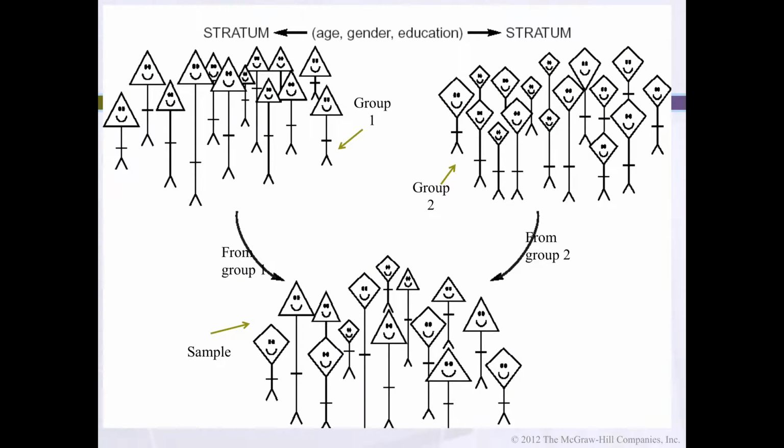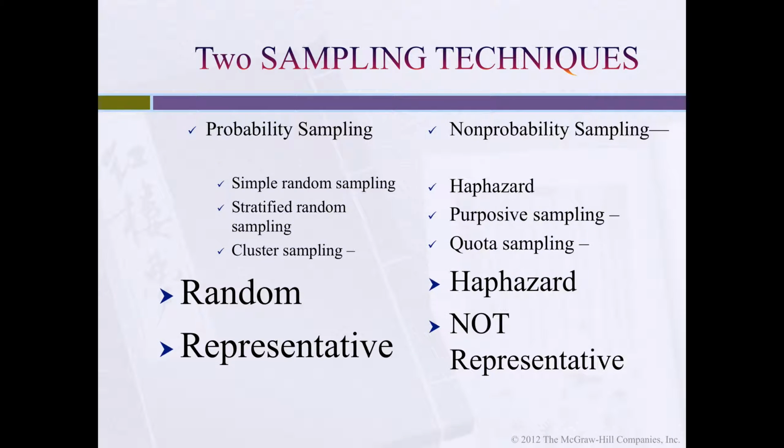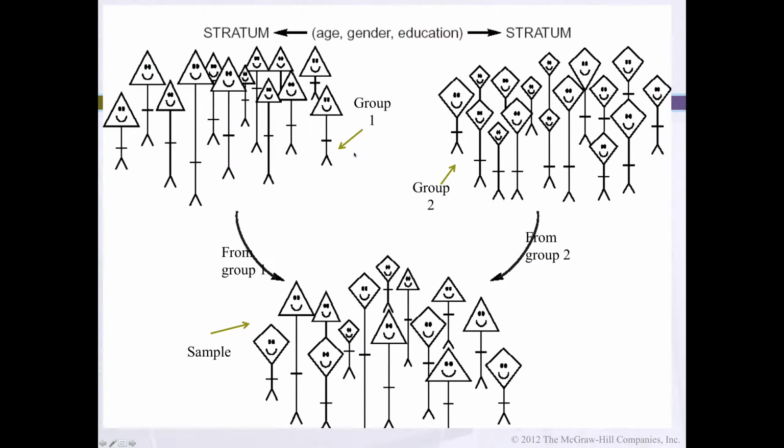So for probability sampling, I want to highlight the difference between stratified random sampling and cluster sampling. These two random sampling methods have some commonality: they both divide the population into subgroups.